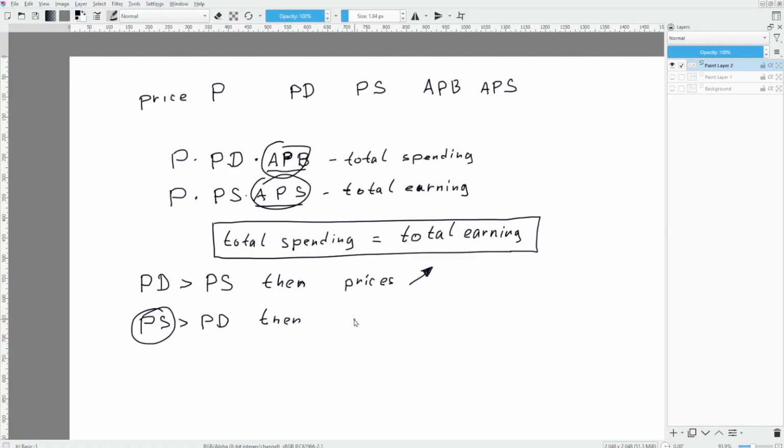Then prices go down, and who gets all these goods which were overproduced? We assume that they are owned by merchants, by local merchants, which are actually local factory owners, and we have stockpiles go up.